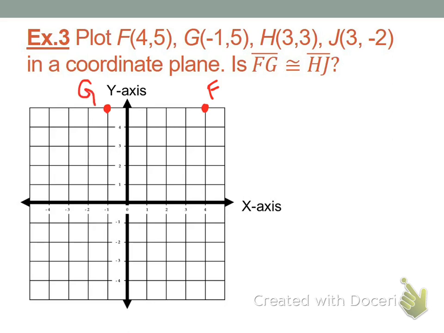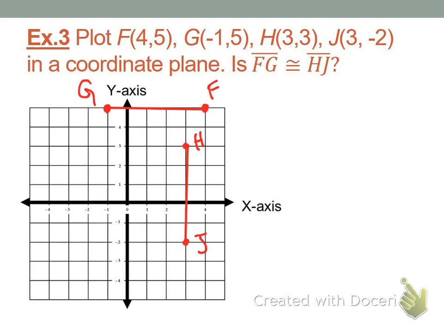G. And again, connect the segments that they're talking about. So connect G to F or F to G, and connect H to J. You do not have to connect any of the other points to each other. So I would not do that, otherwise that'll make this look more confusing.